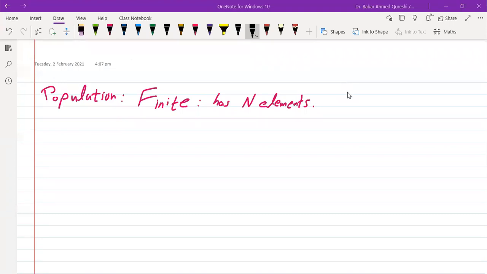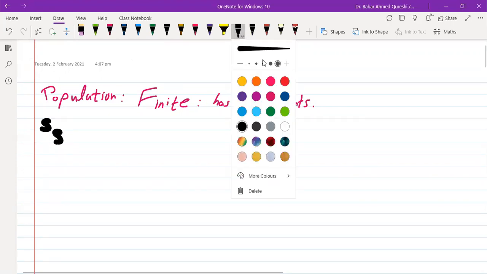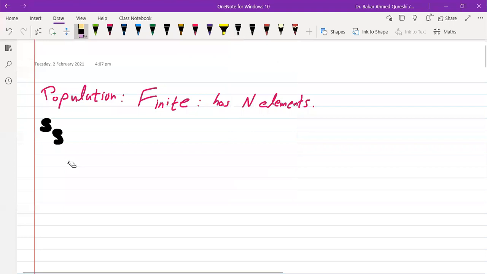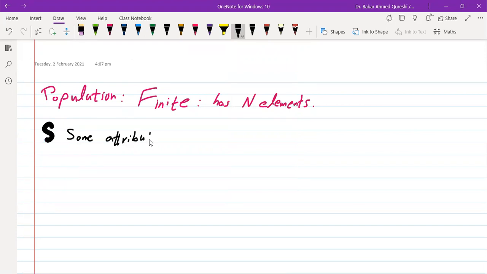Okay, let's go. So you have a population and it has some n elements, and there is some attribute associated with each member.